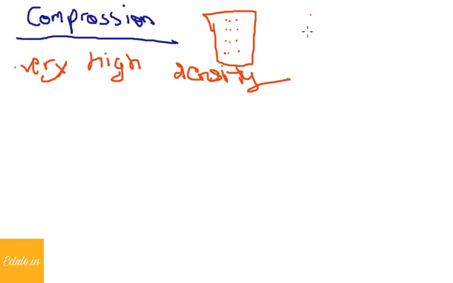If this is considered to be a normal setting, where the spaces are wider, then this is compression, and this is your rarefaction.